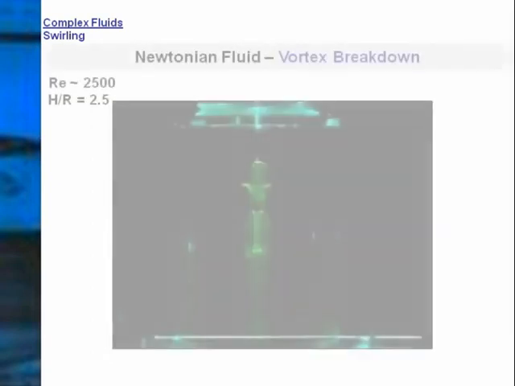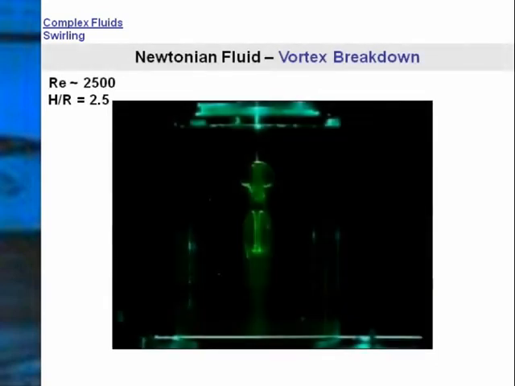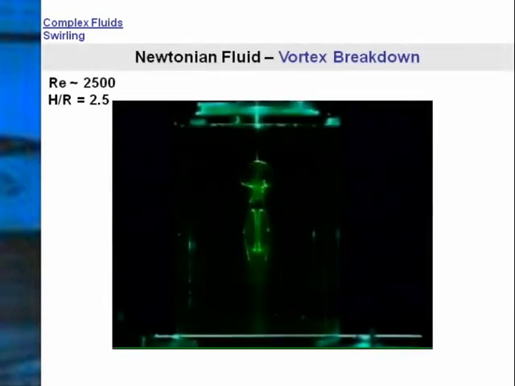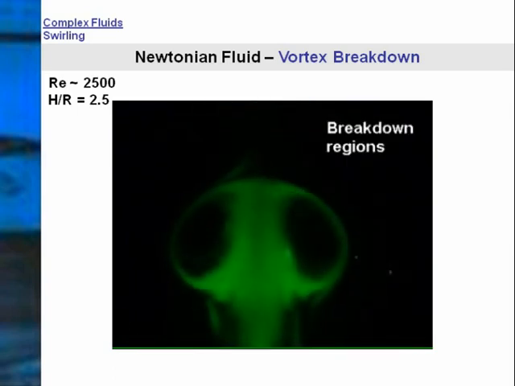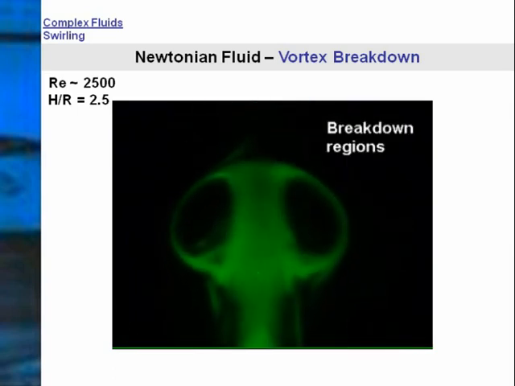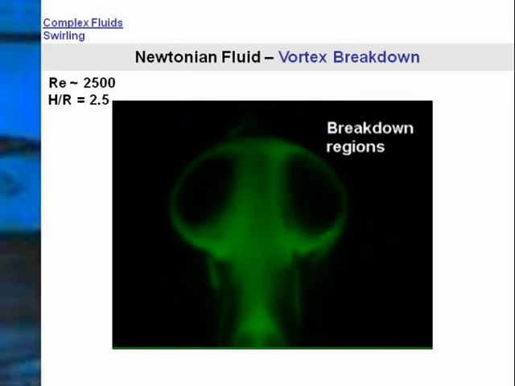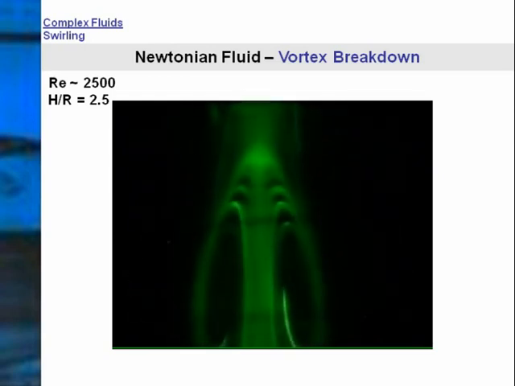The recirculation regions grow in size as the Reynolds number is raised. And the final close-up shows the distinctive features of the breakdown regions, which are joined to form a single structure.